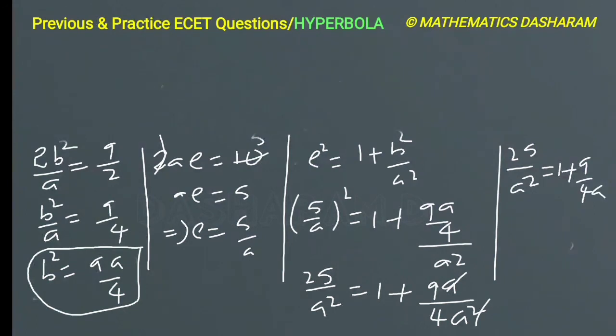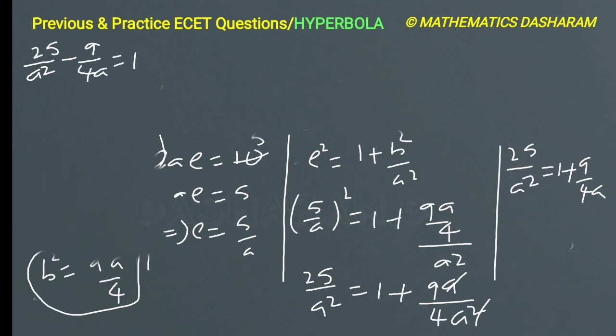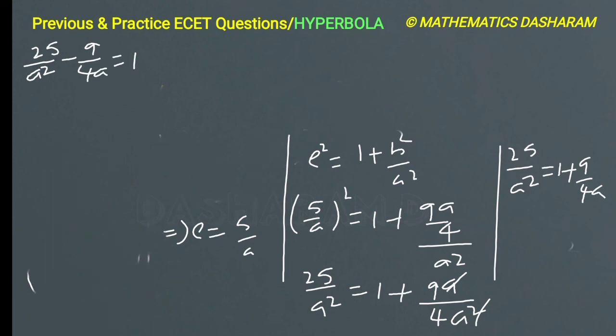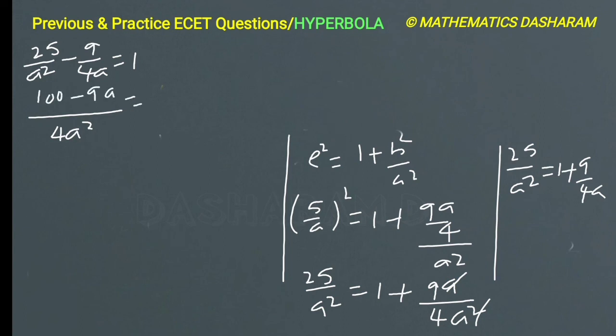So 25 divided by a square minus 9 divided by 4a equals to 1. So here let's take the LCM. So 4a square is LCM. Then 25 into 4 is 100 minus 9a equals to 1 into 4a square.